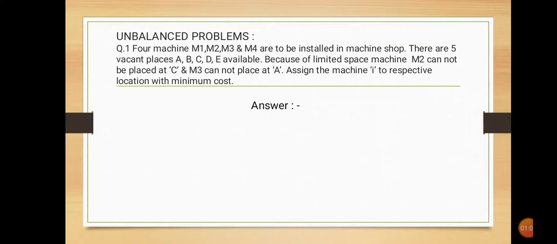Now the third rule: when we are not getting the correct allocation, then we use the line method. In this line method, we cover all the zeros using a number of lines equal to the number of allocations.